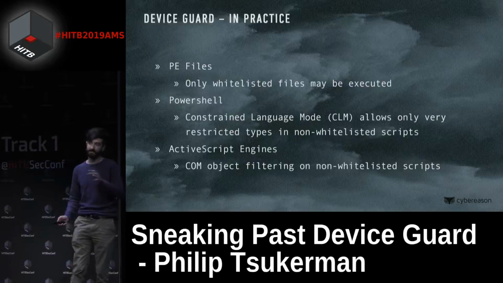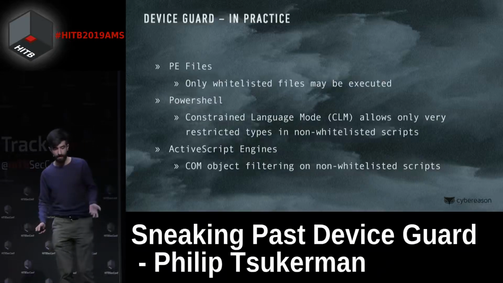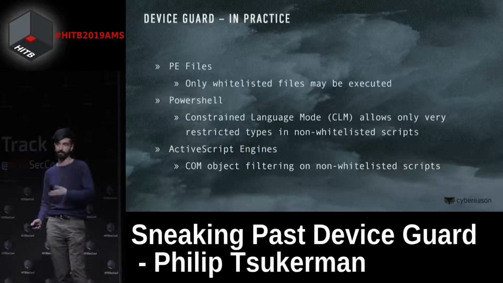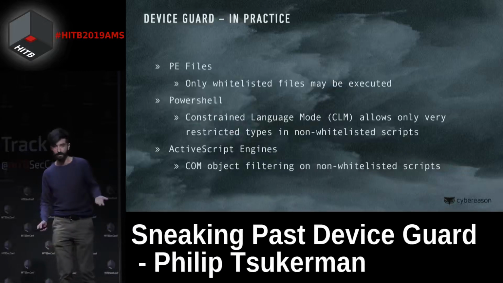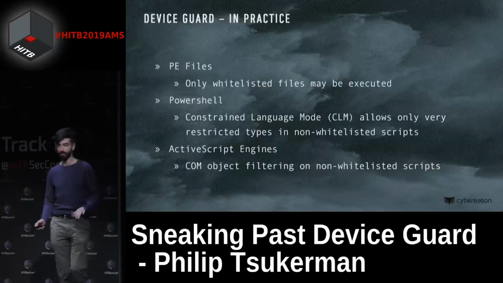There are other less direct ways to run code, which behave a bit differently. PowerShell: if you run an unsigned PowerShell script, or one not signed and compliant with the policy, it will still be able to run, but it will run in what's called constrained language mode.